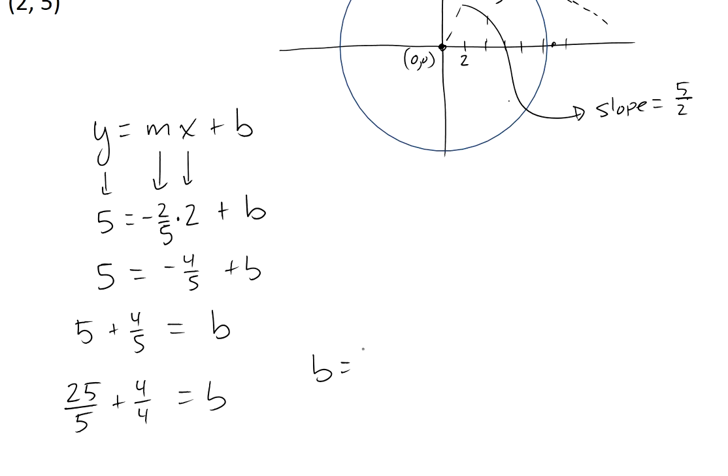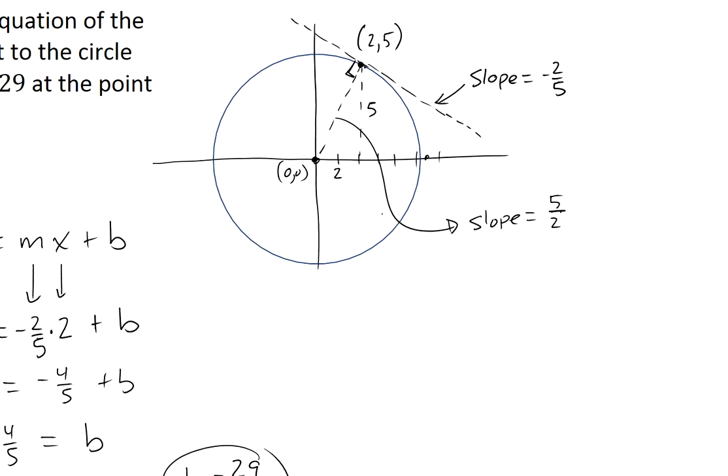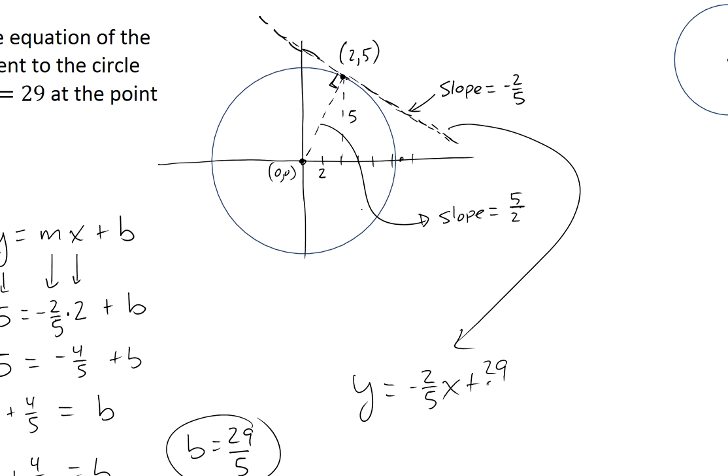Therefore b must be equal to 29/5. So at this point I know the slope of this line and its y-intercept. The equation of the line tangent to this circle at the point (2, 5) is y equals negative 2/5 x plus 29/5.